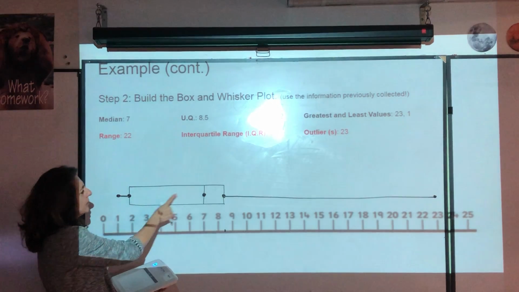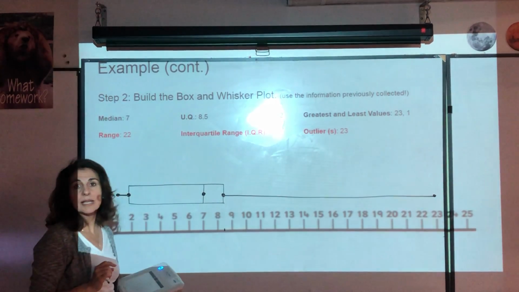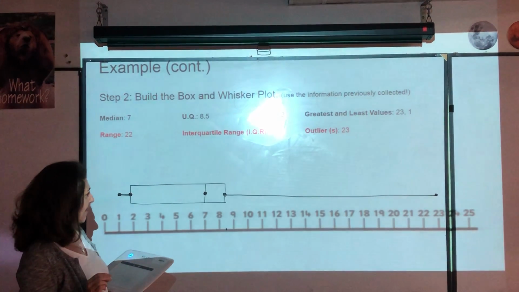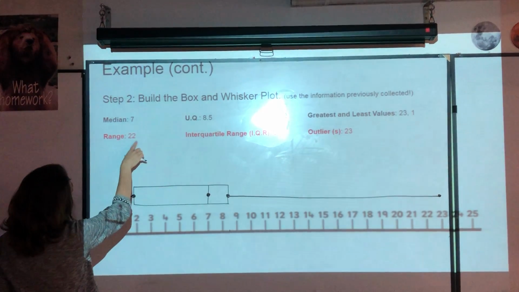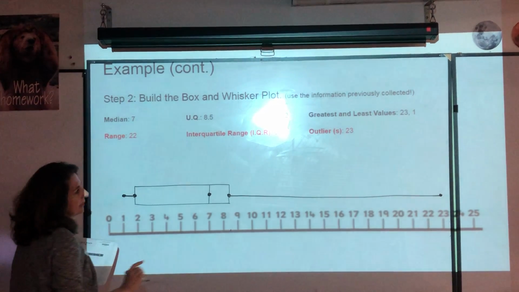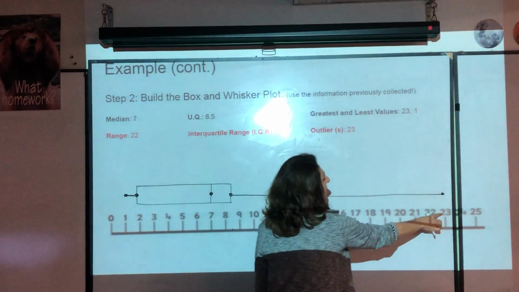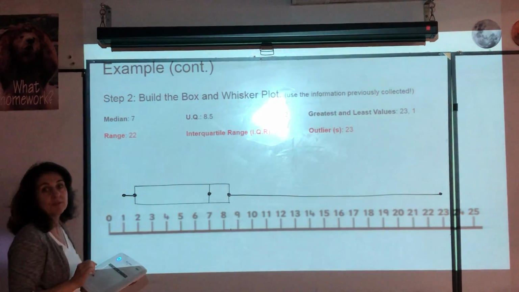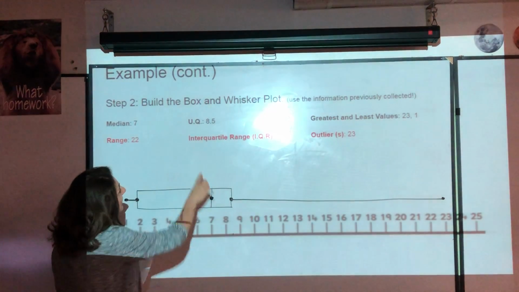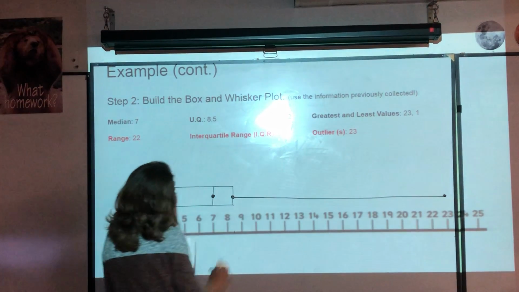Each one of these parts represents 25% of my data. The range is 22, which means from the greatest number, I take the lowest number, and the difference is 22. The interquartile range, 6.5.